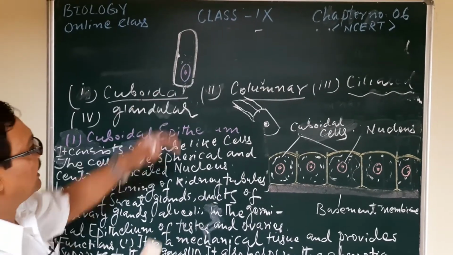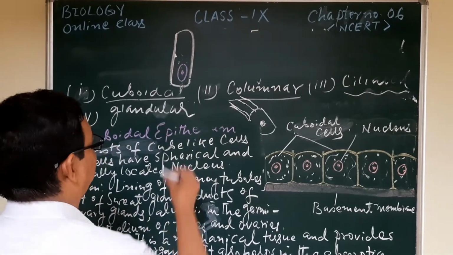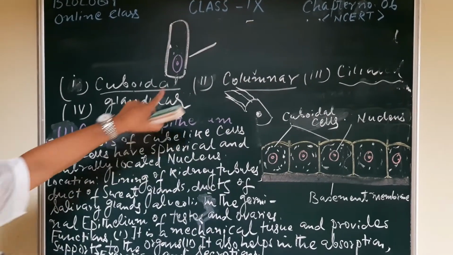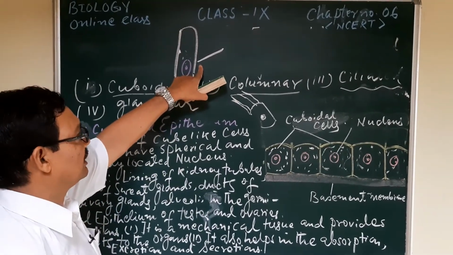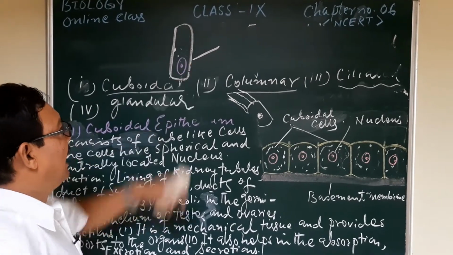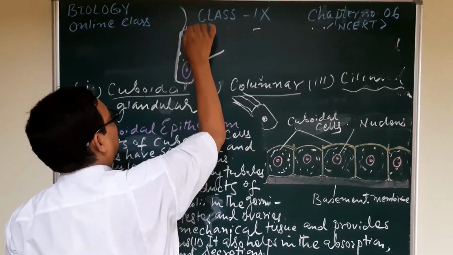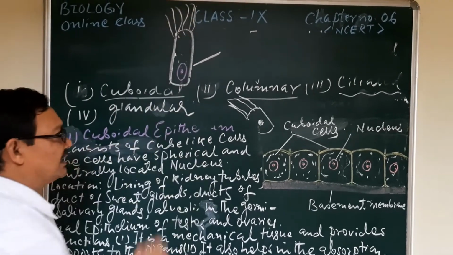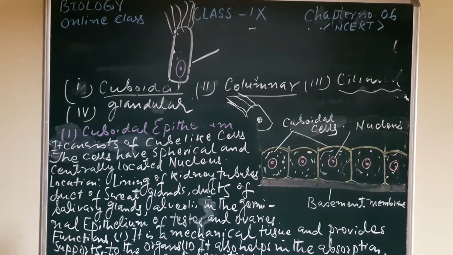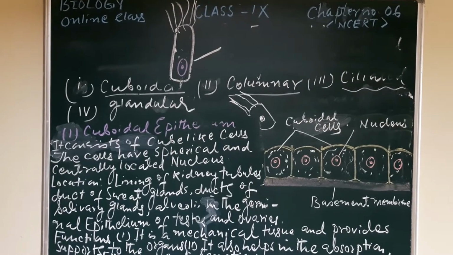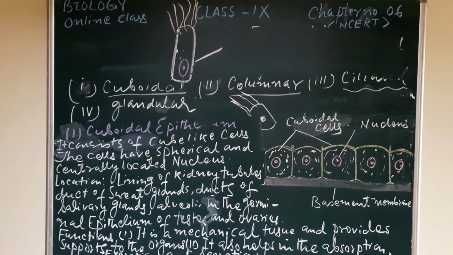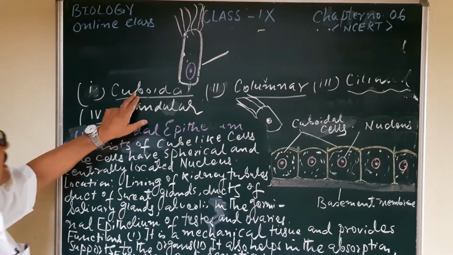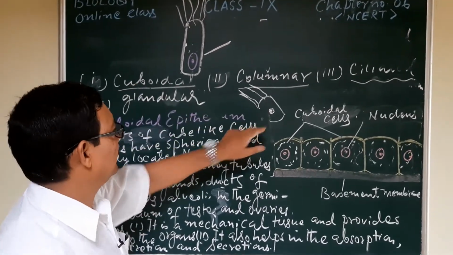So if it is a cell of the columnar epithelium and it is modified to form cilia, this is the ciliated columnar epithelium.